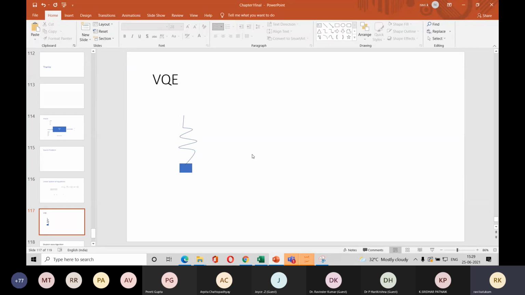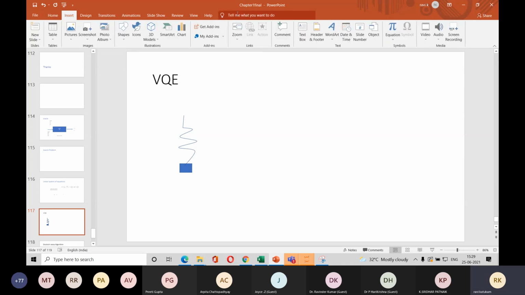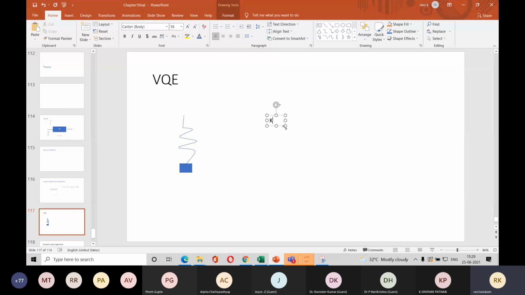Okay, this entire spring mass system, you can write total energy as a combination of KE, kinetic energy, plus potential energy, PE, right? So KE and PE, they form the total energy.